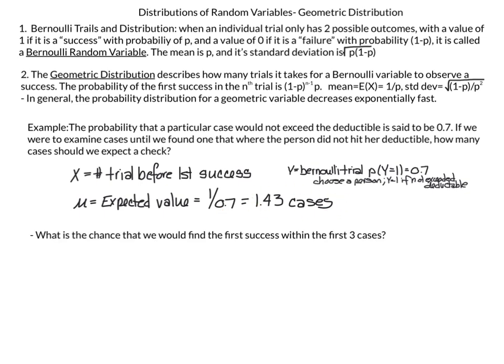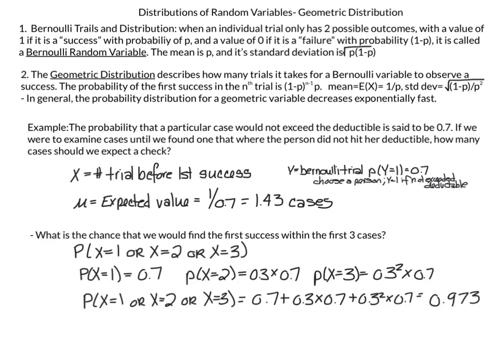Our next question, what is the chance that we would find the first success within the first 3 cases? In other words, what's the probability that x is equal to 1, or x is equal to 2, or x is equal to 3? In other words, we find it on the first try, or the second try, or the third try. In this case, we know probability x equals 1 is 0.7.